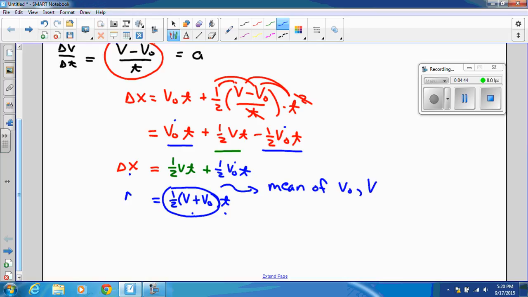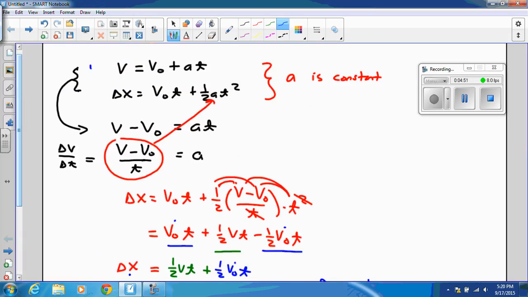Well, having generated a third equation of motion to go along with my other two, I wonder if I could have done the same thing. But instead, at this point, instead of solving for a, what if I had solved for t and substituted to get a formula that's useful when I don't know t?